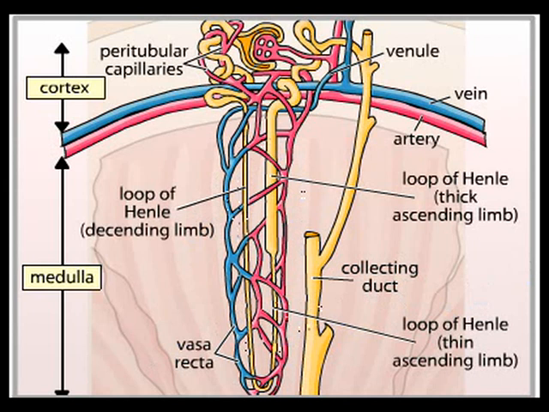All the peritubular capillaries join back together into a venule that eventually leads into the renal vein. So, the loop of Henle, the descending limb, the vasa recta, and the ascending limb, and then the venule and the renal vein, and of course, this is the renal artery.